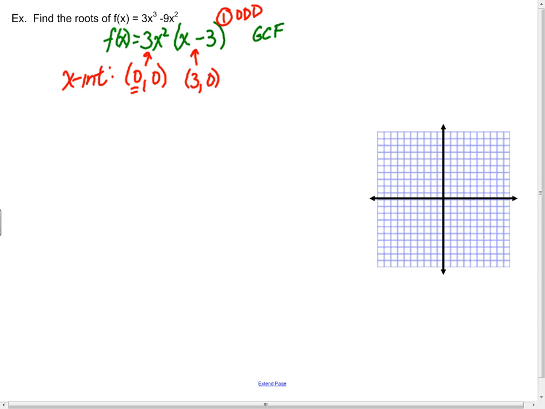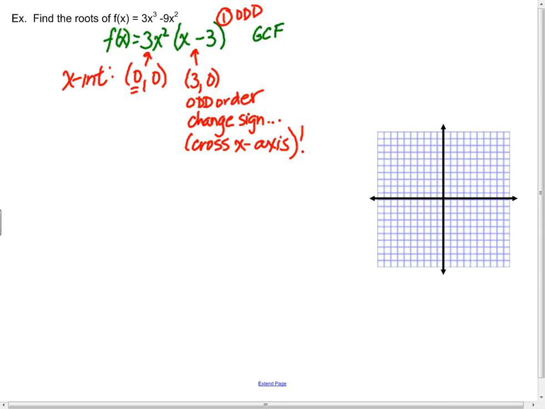That means at this x-intercept, which is odd order, my function will change sign. So it will be positive to negative or negative to positive. That means it's going to cross the x-axis at that point.